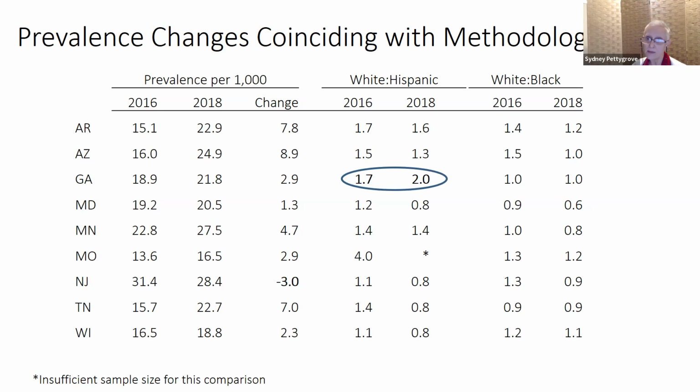And that may be partly from smaller numbers. And then in Missouri, they didn't even have enough to do the comparison for the 2018 study year. So you can't talk about people who you didn't look at, right? If you don't have the population, then there's really nothing to say. But this graph is really the one that solidifies my endorsement of our new methodology.